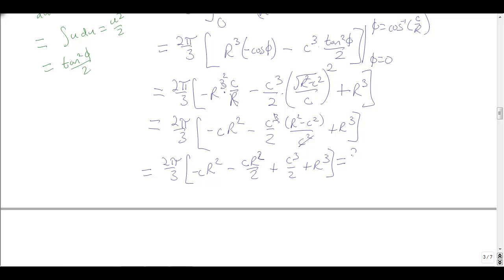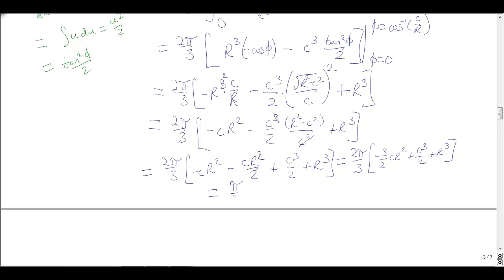So this is going to work out to be 2 pi over 3 times negative c r squared minus half c r squared. That's minus 3 halves c r squared plus c cubed over 2 plus r cubed. A nice form of that would be to multiply the inside by 2 and divide the outside by 2. Or just take this 2 out here and multiply that through.